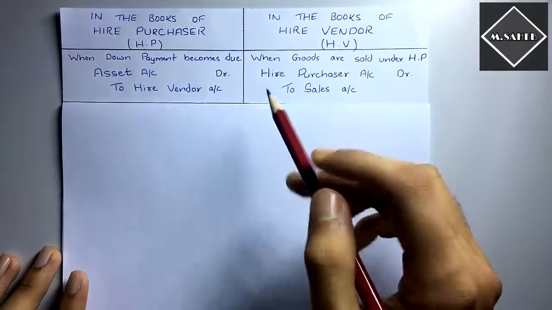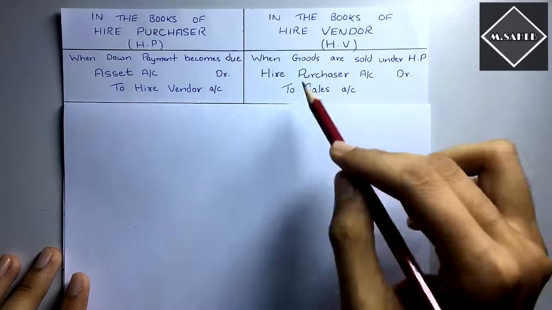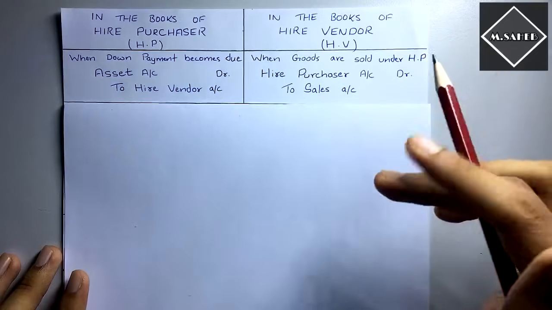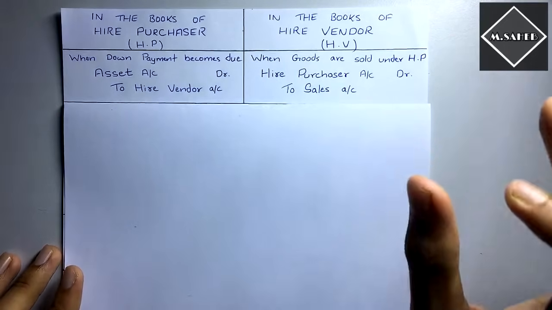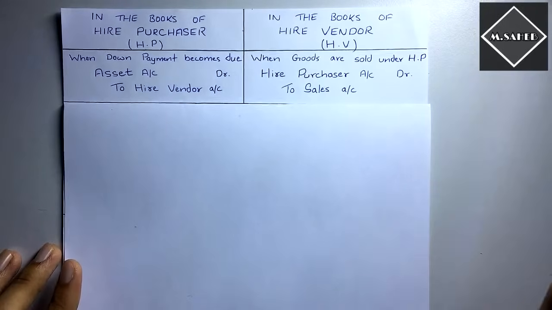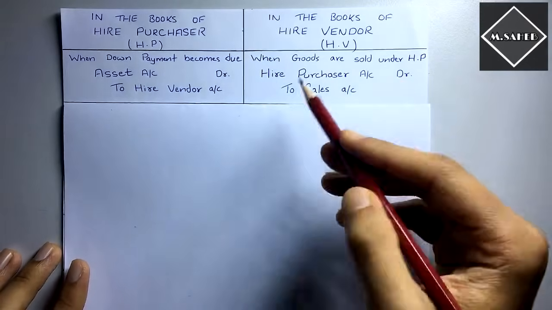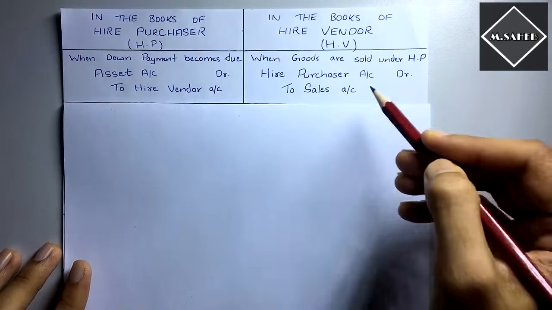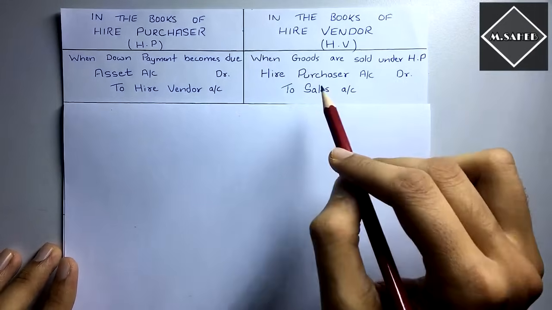Alright, simple. Now when goods are sold under the hire purchase system, he is selling the item. Let's say he sold a car. So he will record a simple credit sales entry. Hire purchaser account, to whom he sold, which is his debtor, is debited to sales.